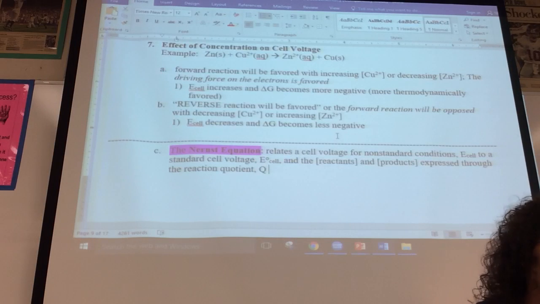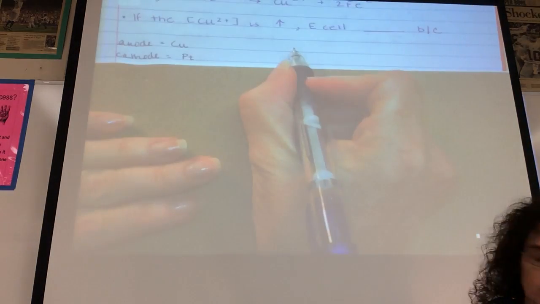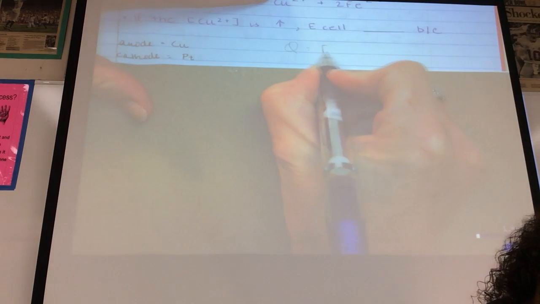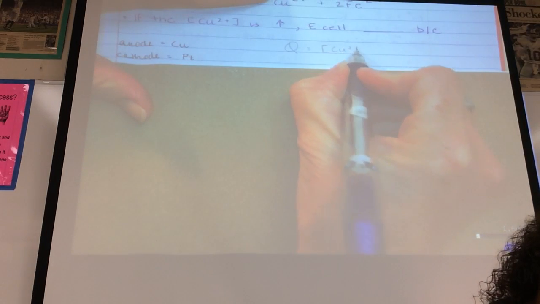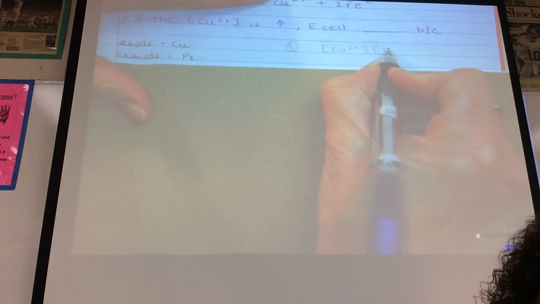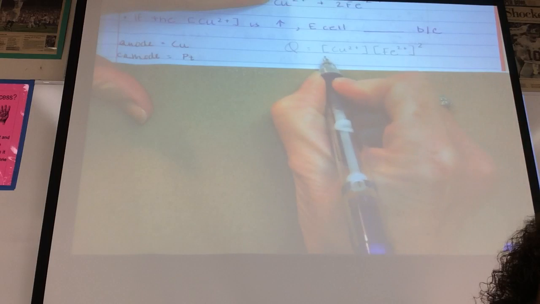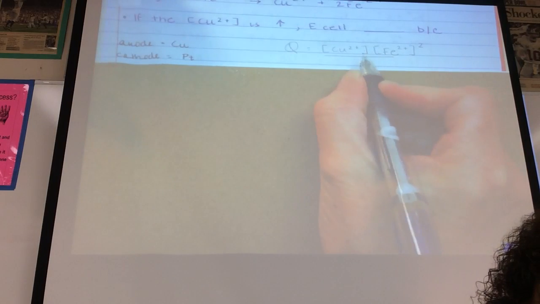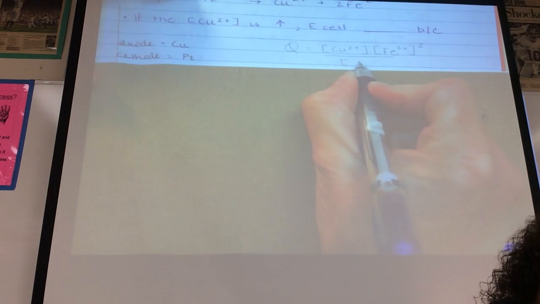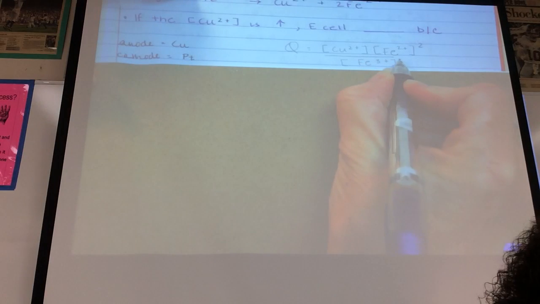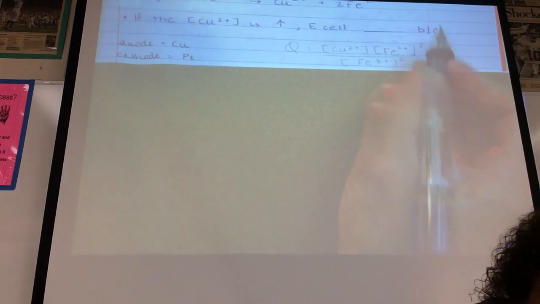But if you were to look at Q here, Q would be the concentration of product ion raised to their stoichiometric coefficients over concentration of reactant ion and gas. So why did I exclude poor little copper?